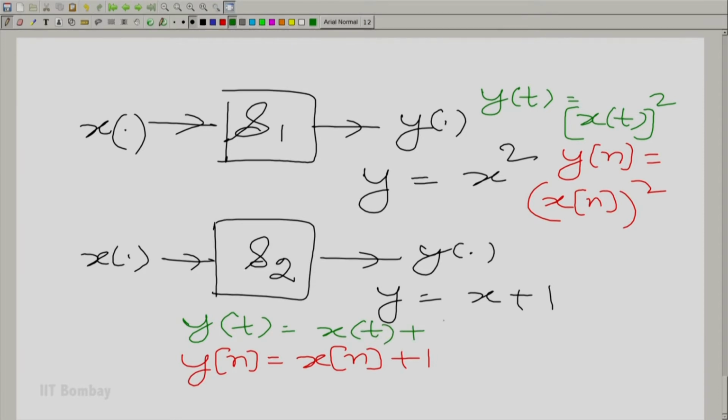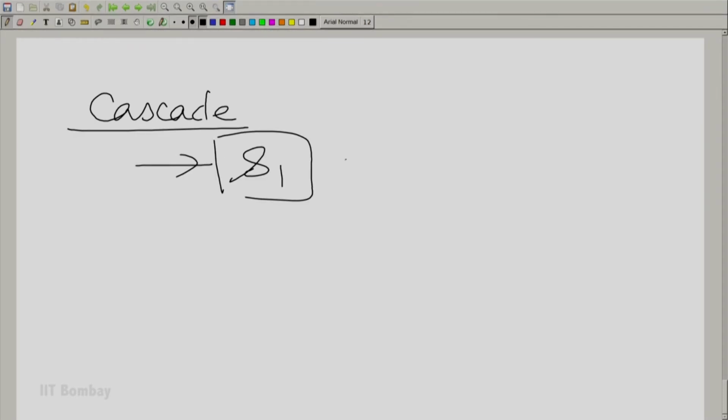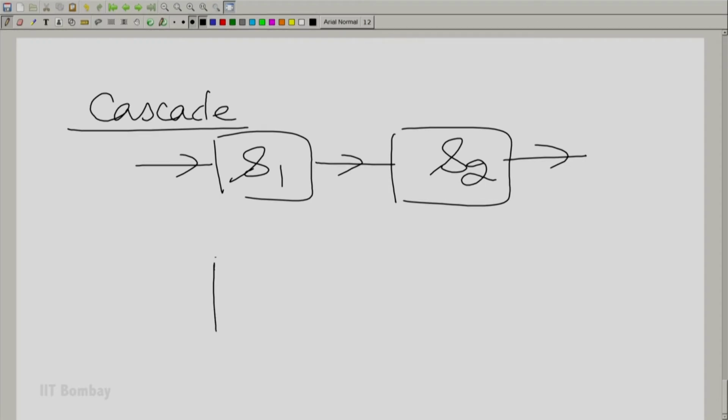In either case, essentially you have taken two systems, both of which do not have memory. What do you mean by saying they do not have memory? There is a point-wise mapping. The output at a particular point depends on the input only at that point. Now, let us cascade these two systems. You have S1 followed by S2, and in the second instance you have S2 followed by S1.